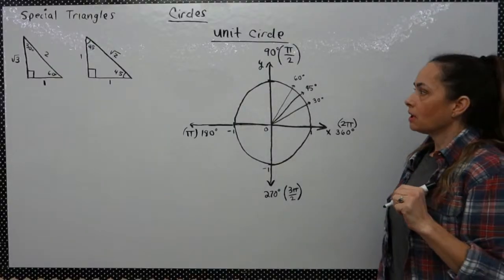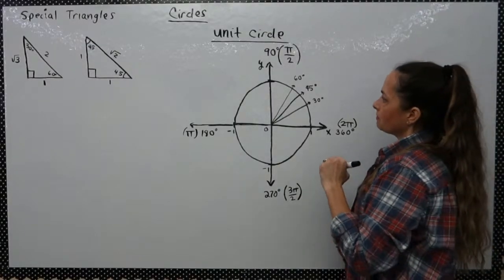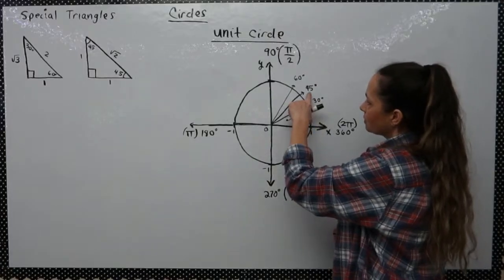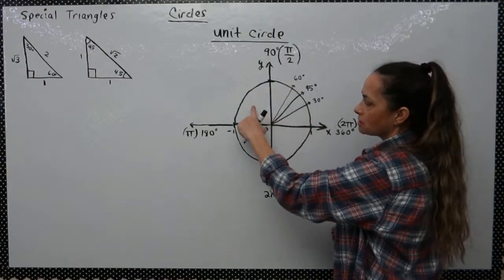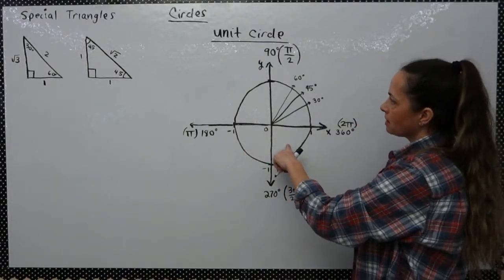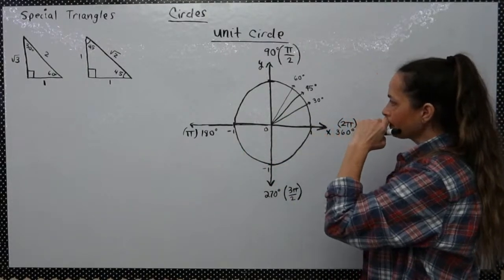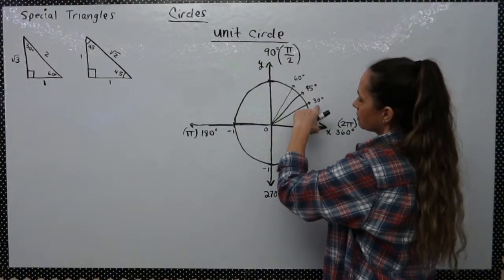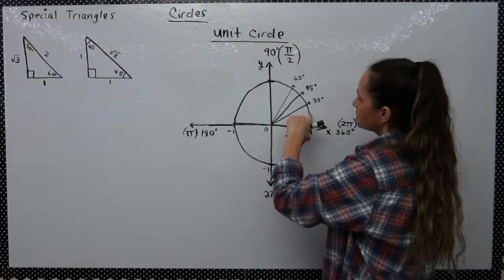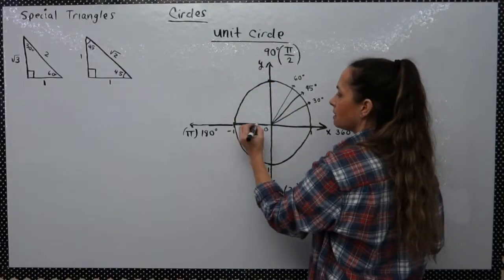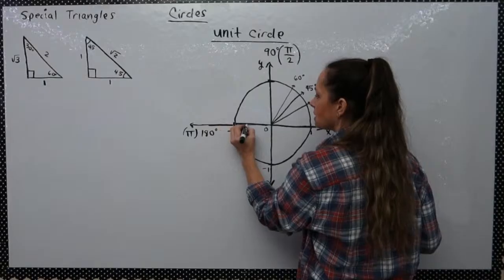And then what I want to do is I want to find the 30-degree, 45-degree, and 60-degree counterparts for these other quadrants. So I do that. The first one would be the 30-degree. And so if I take 90, what I'm going to do is I'm going to come up from this side.